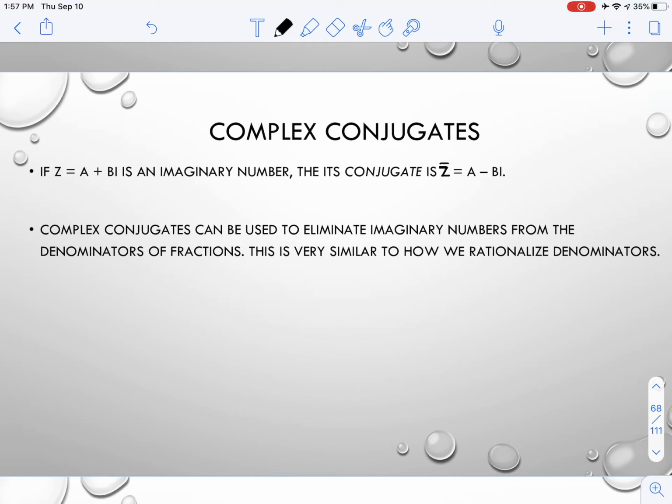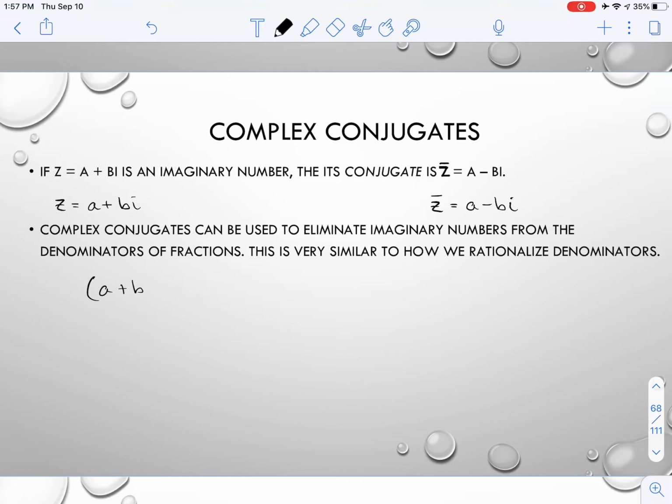So if I have an imaginary number, and imaginary numbers are typically written with z, so if I had z equals a plus bi, then it has a conjugate, and that conjugate is z with a bar over it, a minus bi. And the only thing that changes is that sign in between the real and the imaginary part. Everything else stays the same. So here's what's really happening.